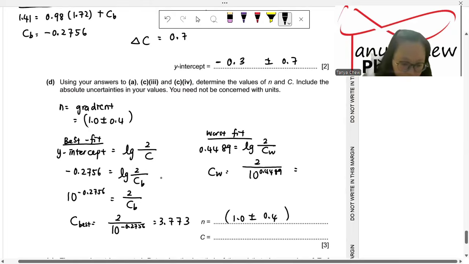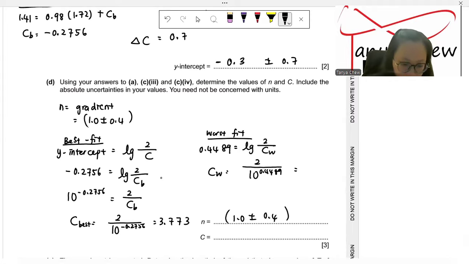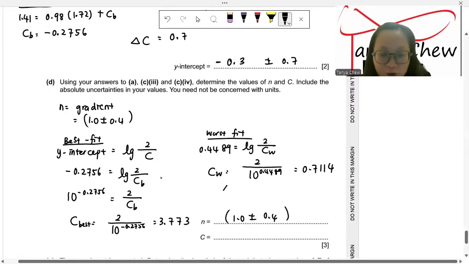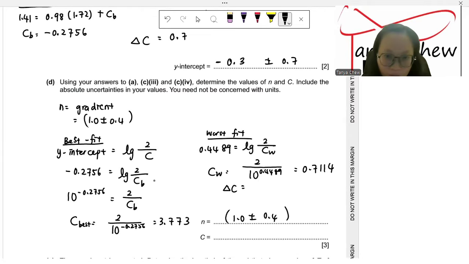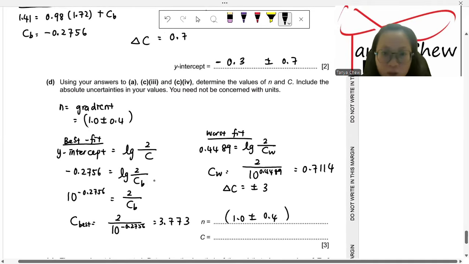So I get the value of 10 to the power of 0.4489, and 2 divided by the answer, and I got 0.7114. Delta C would be, so I have plus minus 3, quite large actually.